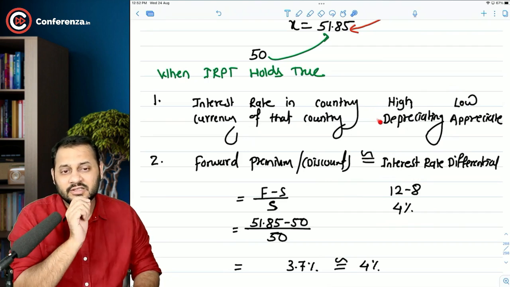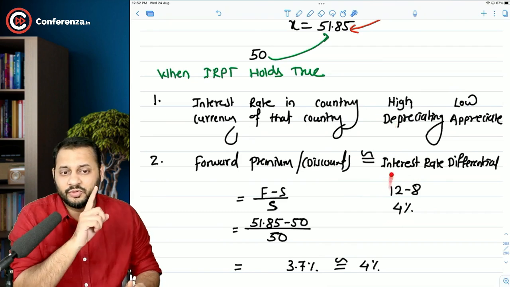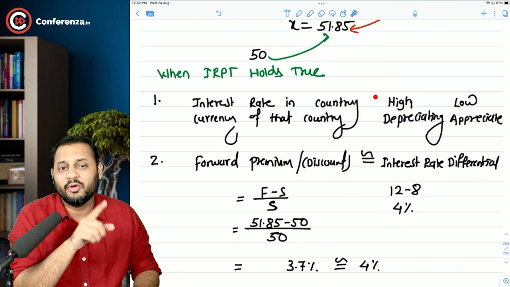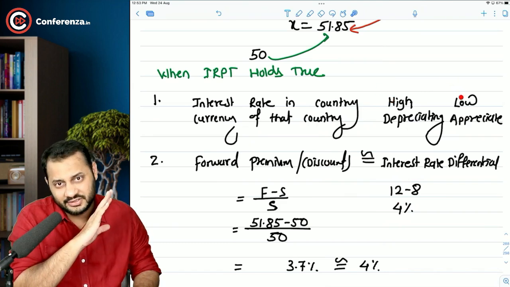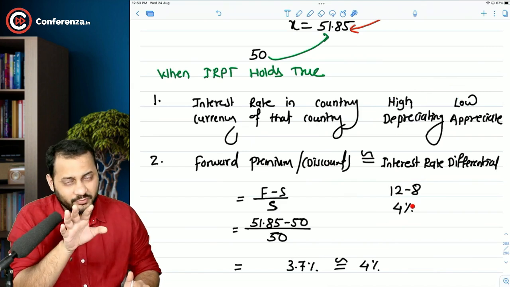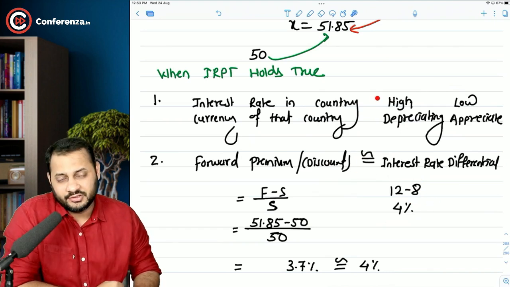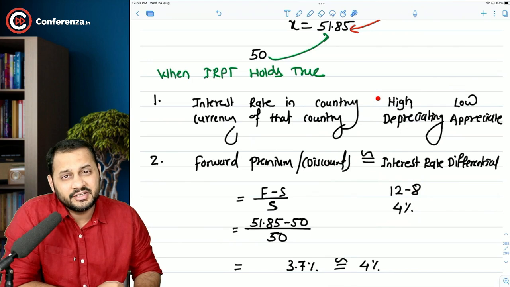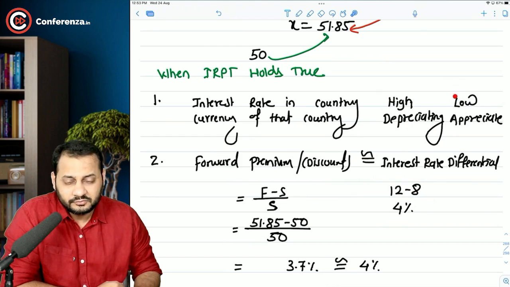The first thing is the currency of that country should depreciate till this point. Till that point, you will keep on investing in high interest rate currency, borrowing in low interest rate currency. But once this point is achieved, no arbitrage is possible. And beyond this point, you will have to do exactly opposite. Instead of investing in high interest rate currency, you will start borrowing at high rate and investing at low rate. Still, you will earn profit. So there will be a timeline. I will just explain that.